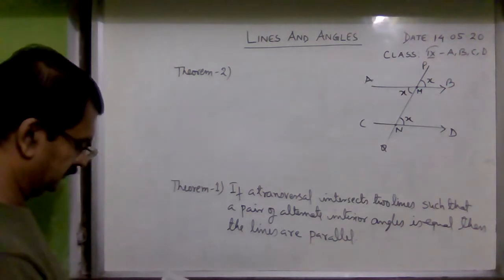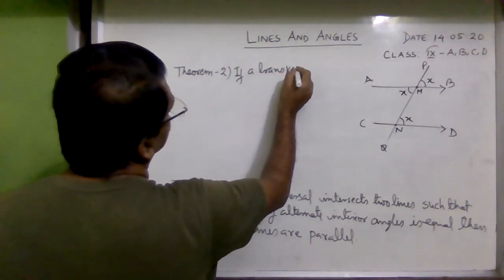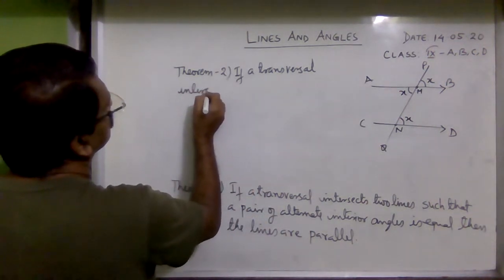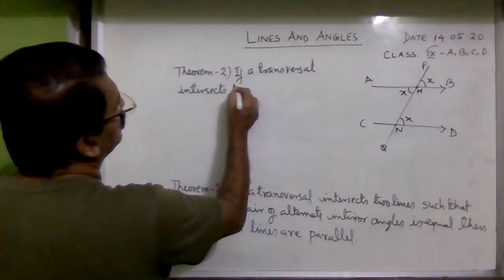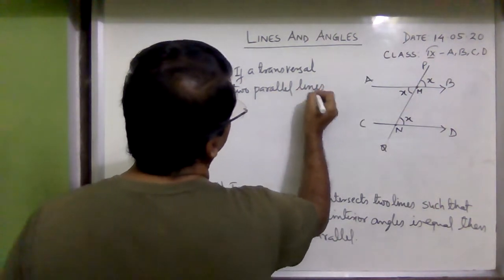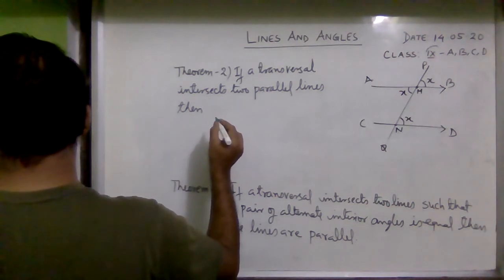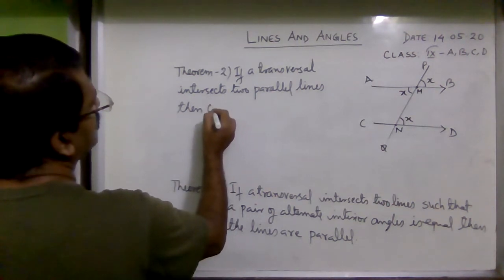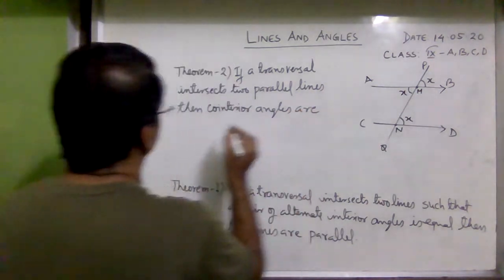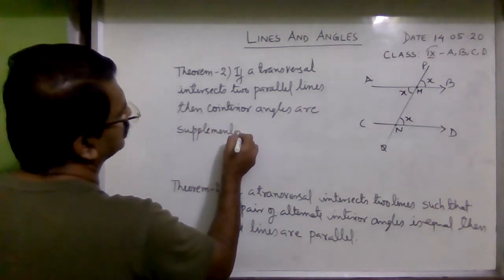Now theorem 2, if a transversal intersects two parallel lines, then co-interior angles are supplementary.